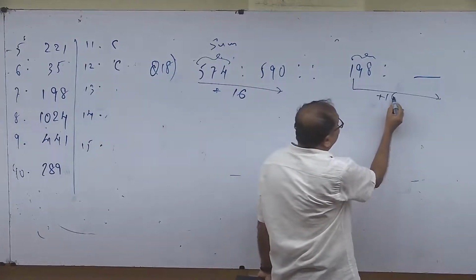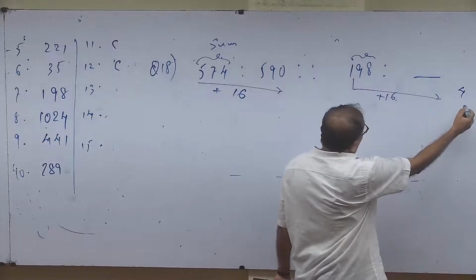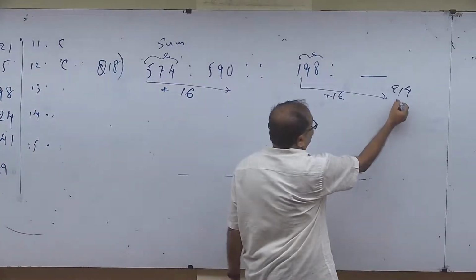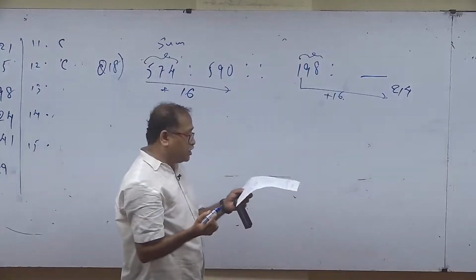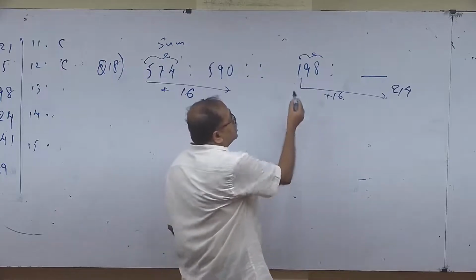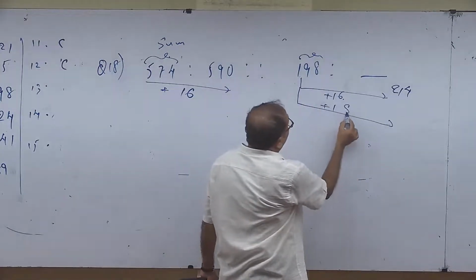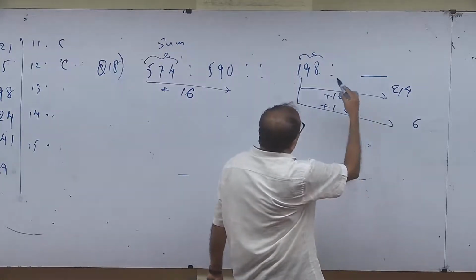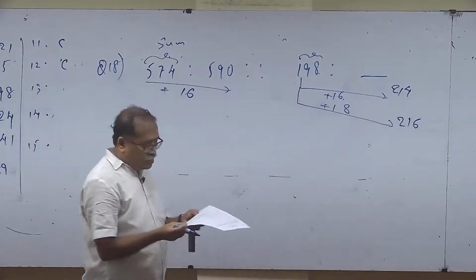So that is plus 16: 6, 8, 14, carry 1, and 20 plus 1 is 21. That is one answer, 214. It is not there in the options, so the sum of the digits is 18. You add 18 to it, then this is 8 and 8 is 16, carry 1 and 21, 216. It's there.